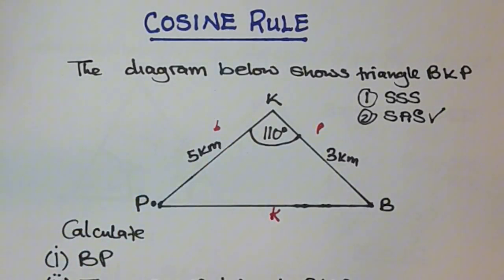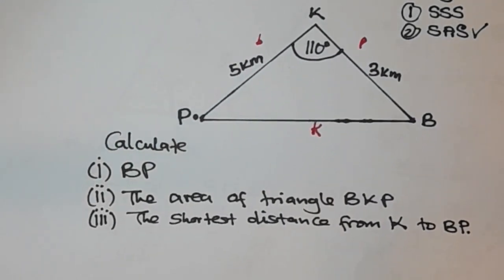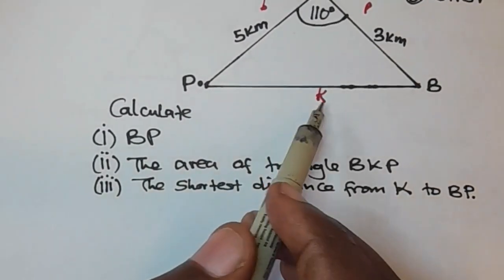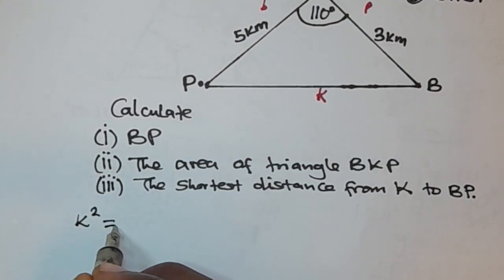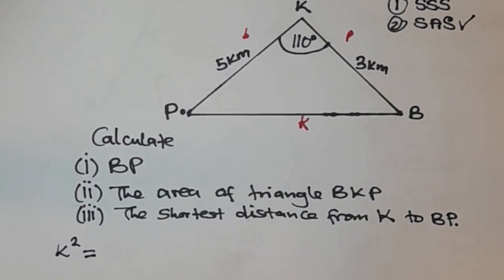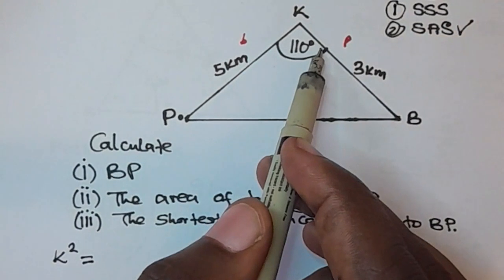And so our cosine rule is going to be written like this. This is k we are looking for. So we're going to have k squared is equal to, now you need to understand very well here, we are looking for this side that is opposite to this angle.